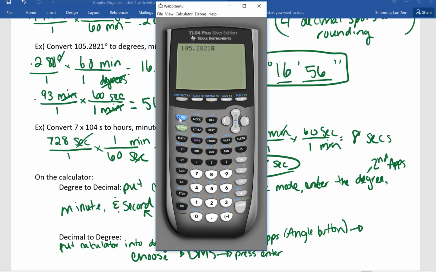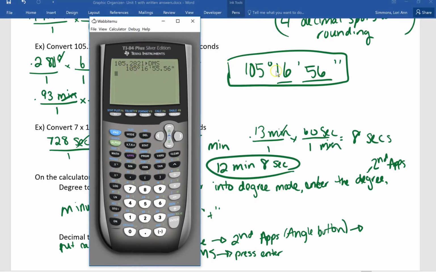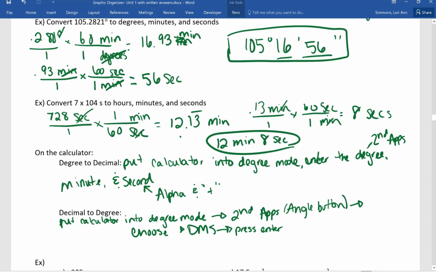Then go to second apps, and then it'll be option number 4. Hit enter, and then hit enter again. And you can see here 105 degrees, 16 minutes, and 56 seconds. We just rounded up to a whole second. So that is correct.